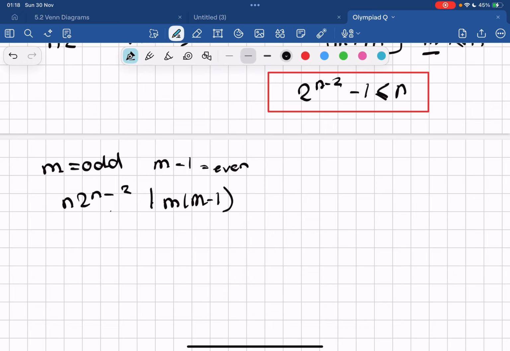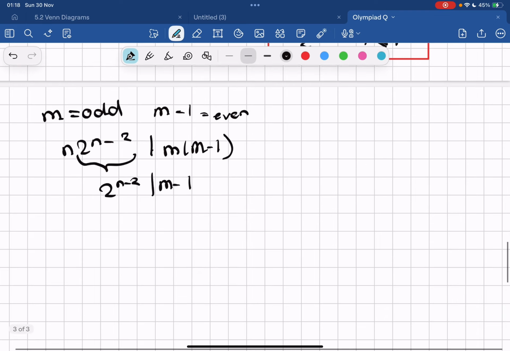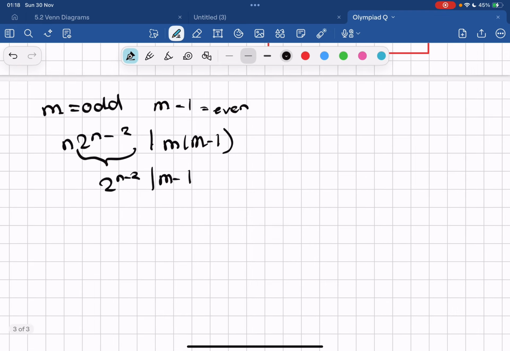So we know that 2 to the n minus 2 is always even. So we can say 2 to the n minus 2 divides m minus 1. And taking the converse, we can say that m divides n.